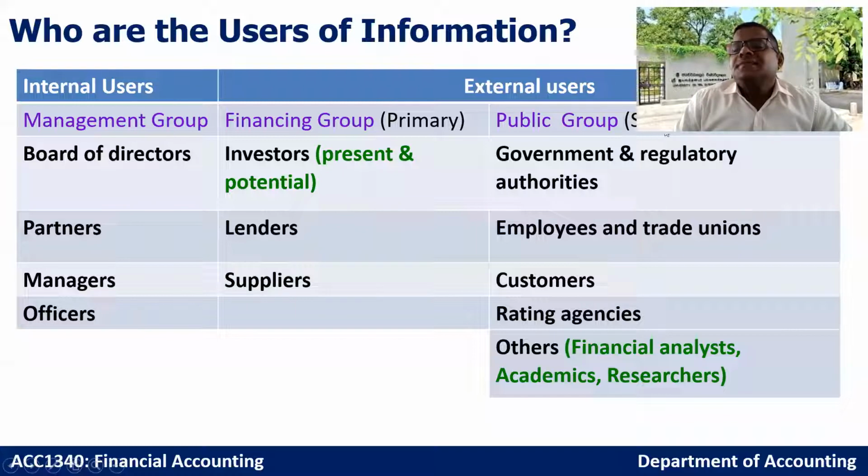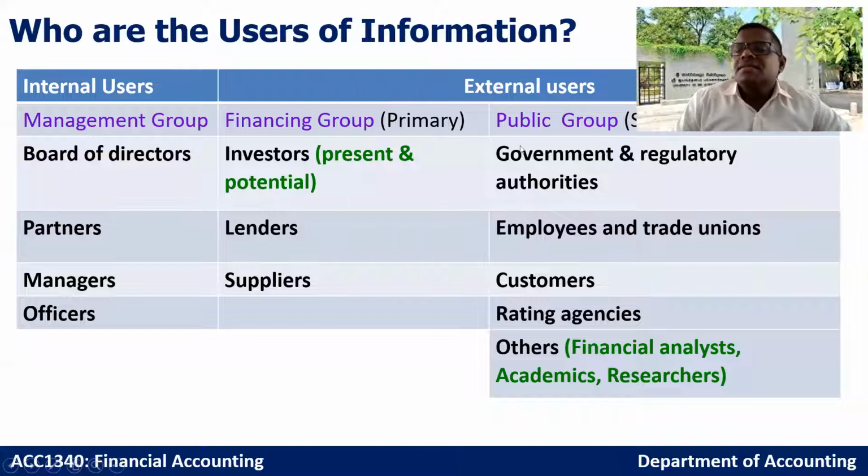Primary and secondary. When you look at the primary, of course, they are the fund providers for the organization: debt, equity, capital. These people and public groups, you consider other parties, you consider as secondary.